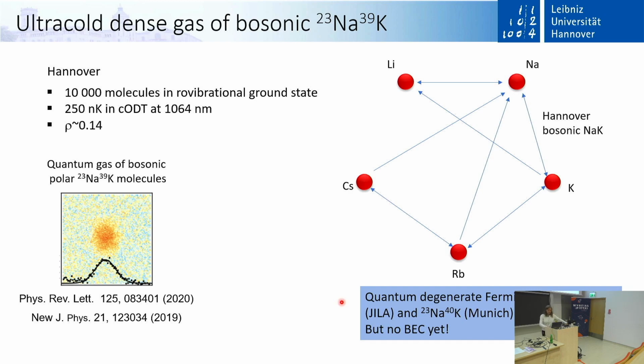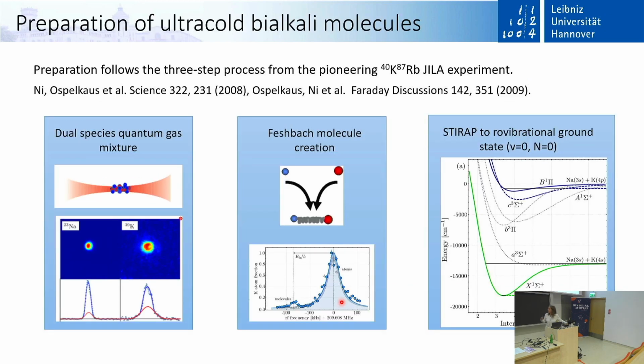Let me just briefly tell you how we prepare the molecules, just some experimental details. I mean, the general scheme you all know. It's this 3-step process that we introduced at Schiller at about 2008. In our case, we prepare a dual species quantum gas in an optical dipole trap. We can also go down to dual species quantum degeneracy, although that's not the best spot to actually prepare the molecules, because then you have strong losses for the Feshbach molecules.